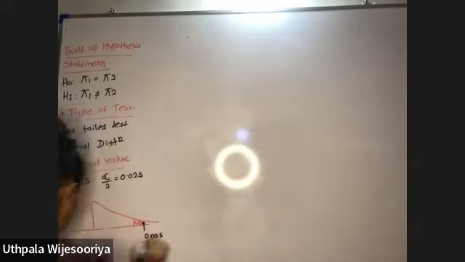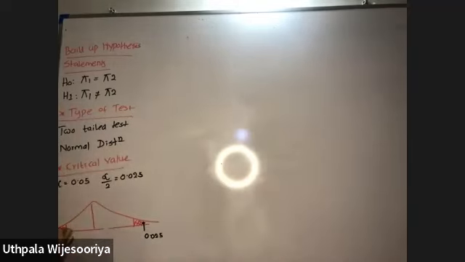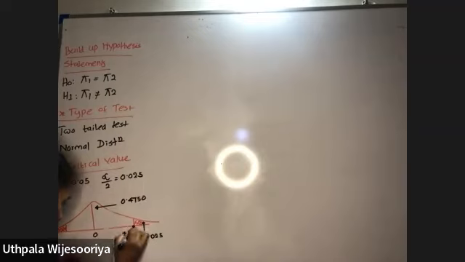Zero to 0.5, this is 0.4750. So what is your Z where the critical value is plus 1.96 and minus 1.96.